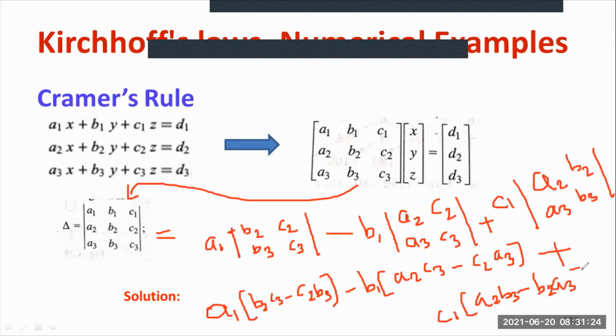You can expand it in this fashion. So you'll get the determinant, which is denoted by the letter delta.